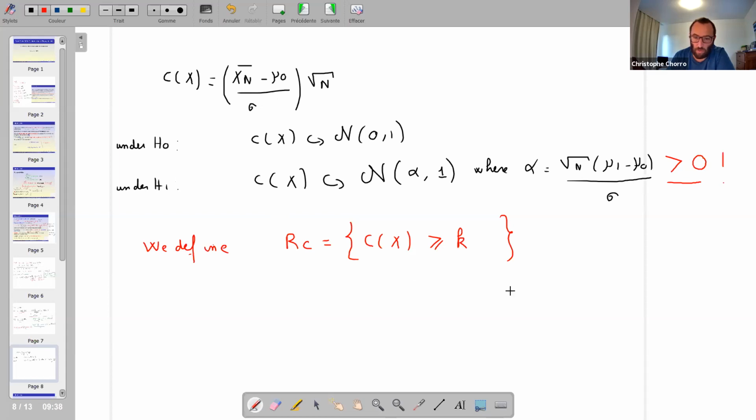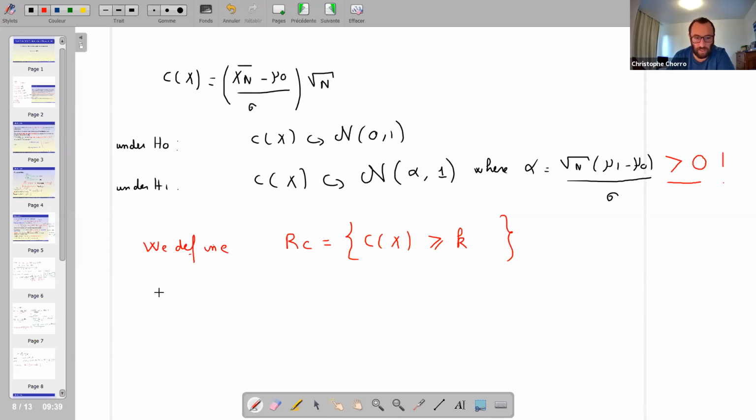So I have a natural way to define a critical region, just remarking that under my hypothesis of interest, the statistic is small on average, and under the alternative hypothesis, it is big. So I will reject H0 when the statistic is big. If I want to build my test, I have to fix a level and then see what happens for the power of the test.